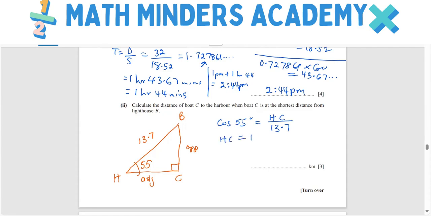So HC is 13.7 times cos 55, which is 7.8579 and so on. Writing this to 3 significant figures gives us 7.86 kilometers. So that will be the distance of boat C to the harbor when boat C is at the shortest distance from lighthouse B.